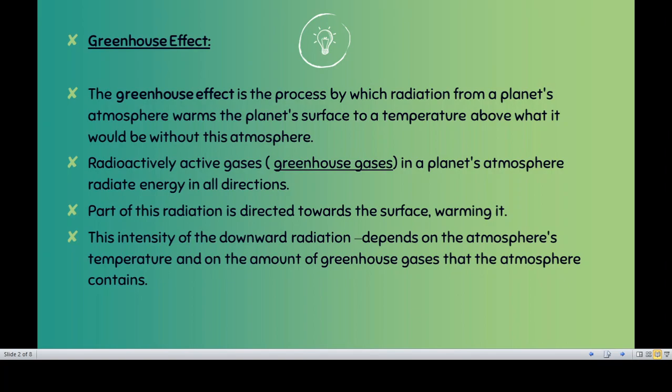So, troposphere का हम mention क्यों कर रहे हैं? This troposphere has the upper layer that is called the stratosphere. And why are these two layers important for us? Because these two layers have a major gaseous component which plays a major role in the greenhouse effect.